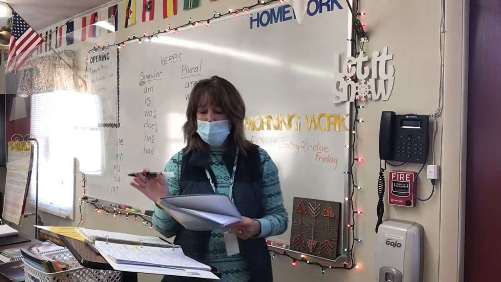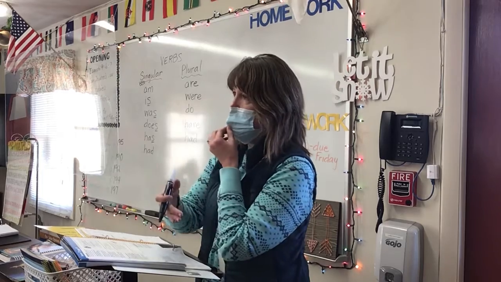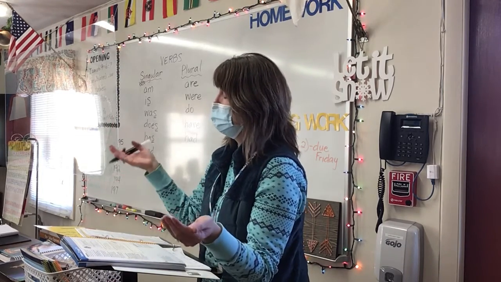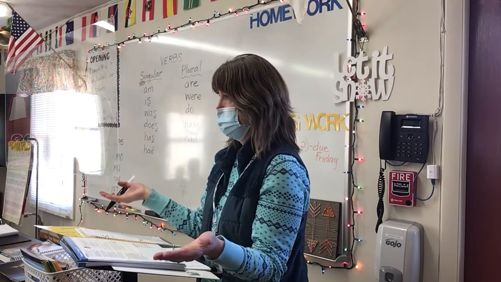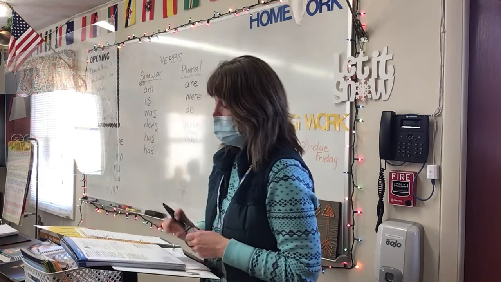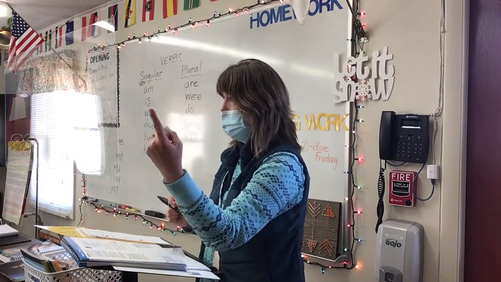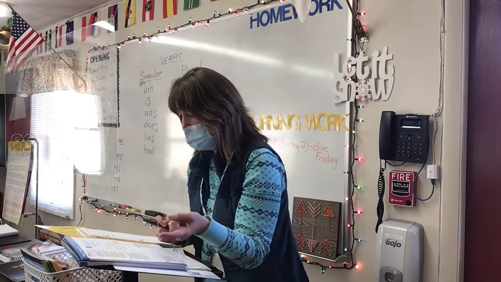So the verb part of a contraction must agree with the subject, just like we learned before. Singular subject, singular verb. Plural subject, plural verb. They have to match. The example says Rachel is just one person, so it's singular. Rachel was the jump rope champion.